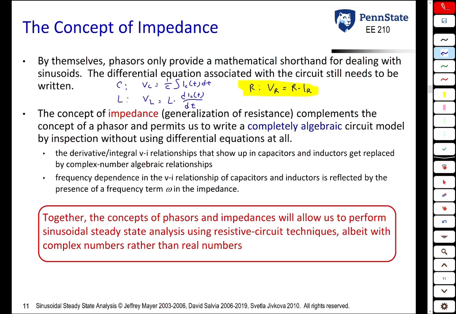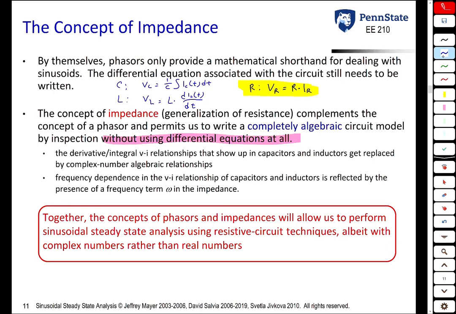It's basically a generalization of resistance that allows us to have a completely algebraic model for the KVL and KCL relationships in a circuit without using differential equations at all. So this is the key term here: we're going to avoid differential equations completely, at least in the sinusoidal steady state situation.